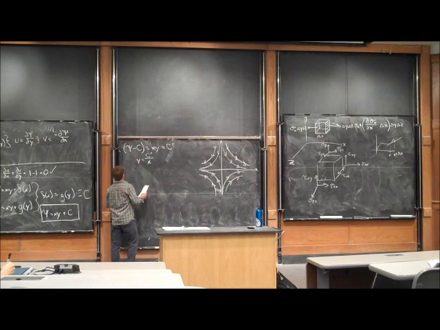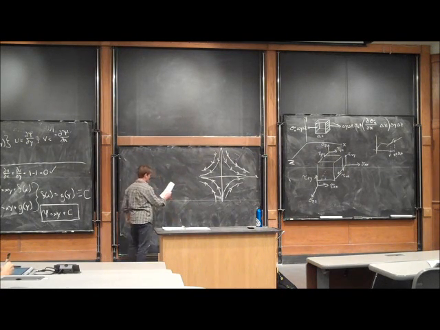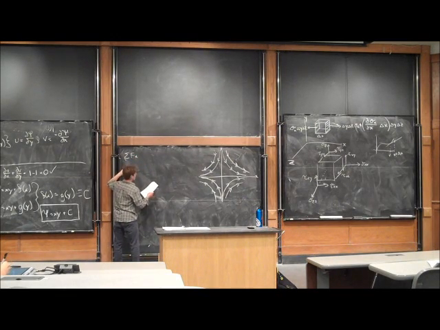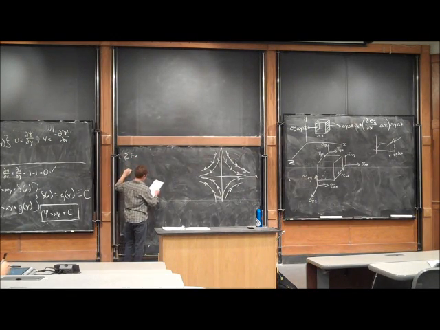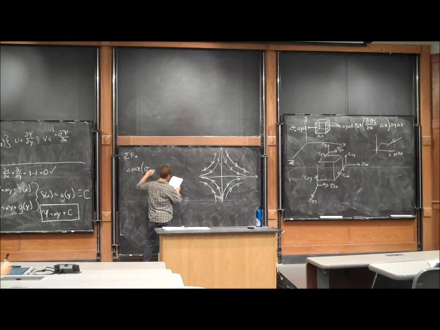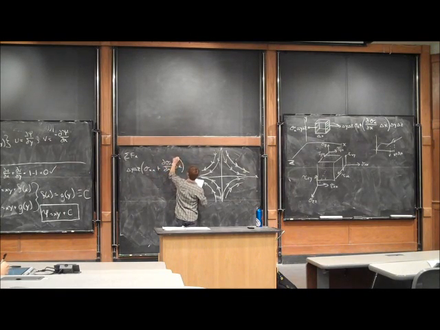So, to sum my forces in the x direction, I can see that delta y delta z times sigma xx plus del sigma xx del x times delta x.